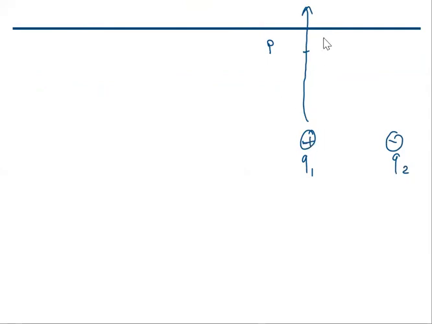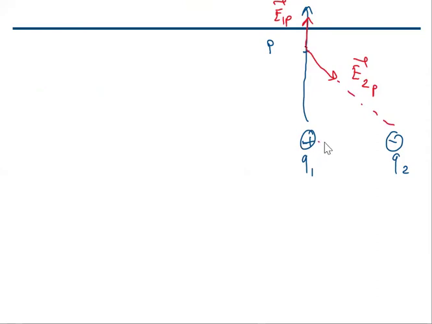The electric field produced by Q1 at the point P is outward. This is E1P. The electric field produced by Q2 at the point P is inward because it's negative. Very good.